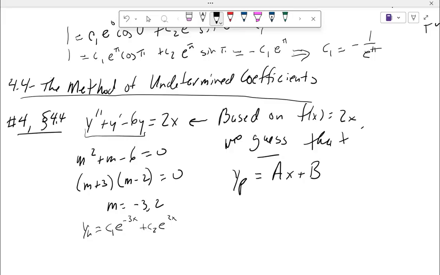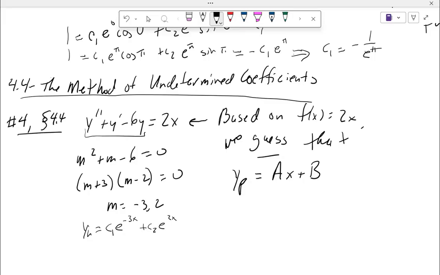It looks like some yet to be determined linear function. I just don't know what the constants are. Hence, undetermined coefficients. I need to figure out what they are. Okay? That's where the name comes from. So far, so good? All right.